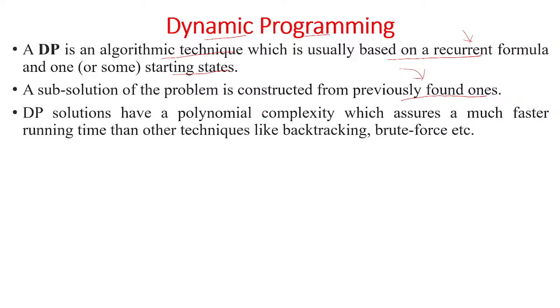DP solutions have a polynomial complexity, which assures a much faster running time than other techniques like backtracking or brute force. Compared to these techniques, a DP solution guarantees that your code runs faster, because it has polynomial time complexity.